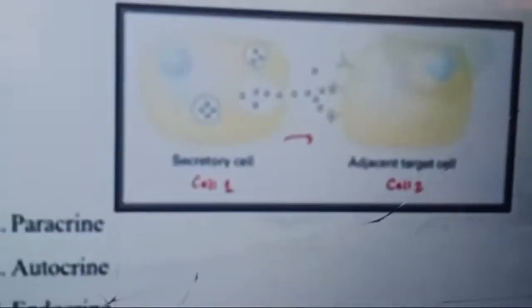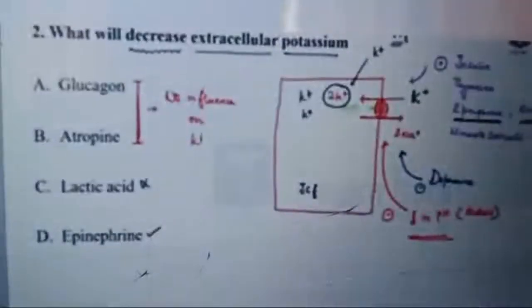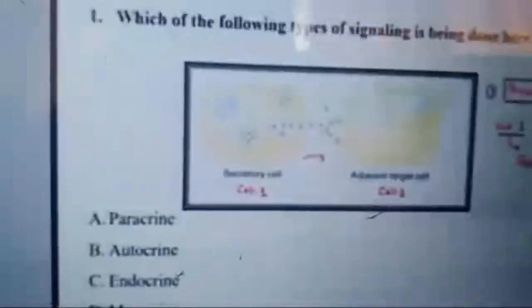Endocrine secretions are from the endocrine glands, and it's not going to the outer glands here, so it's not endocrine. Paracrine can be there because it's a secretory cell sending its messengers to the other cells.